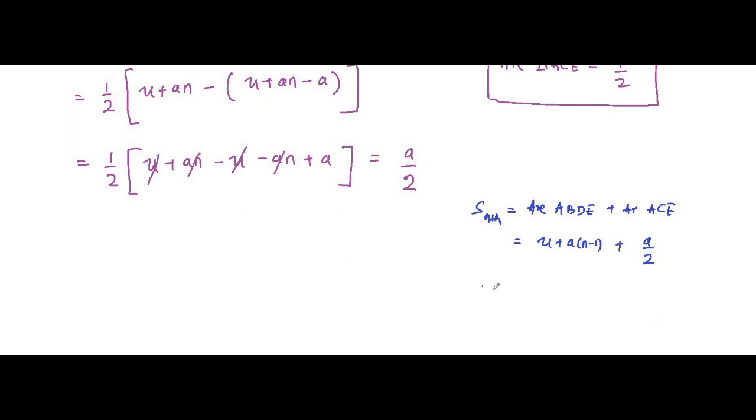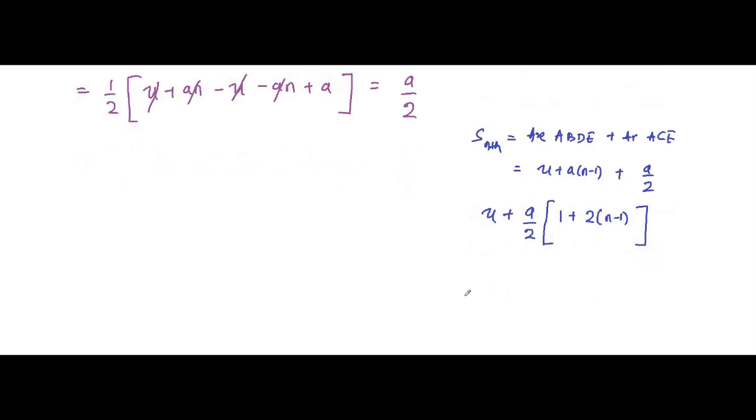If we take U plus A by 2 common, we have 1 plus 2 into n minus 1, which is U plus A by 2 into 1 plus 2n minus 2.